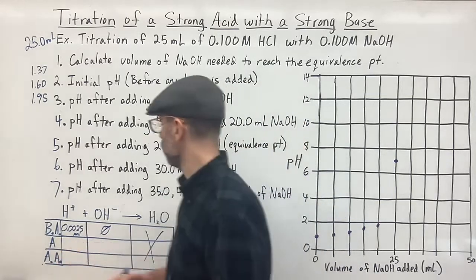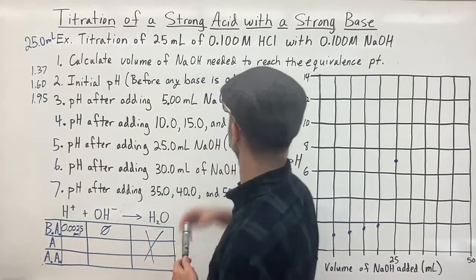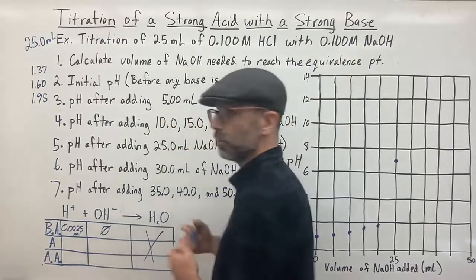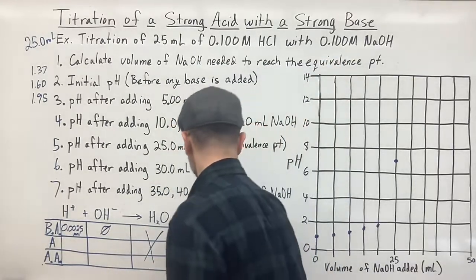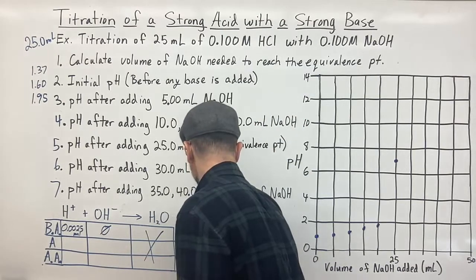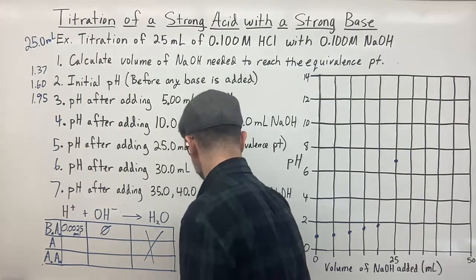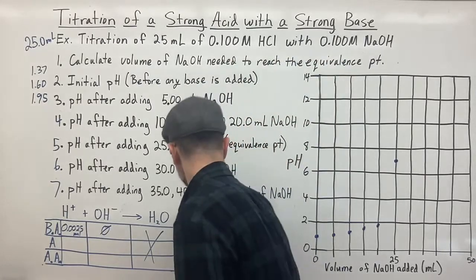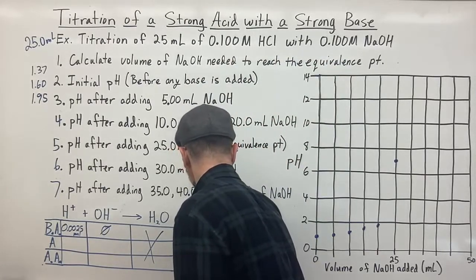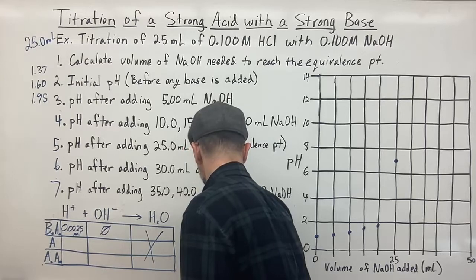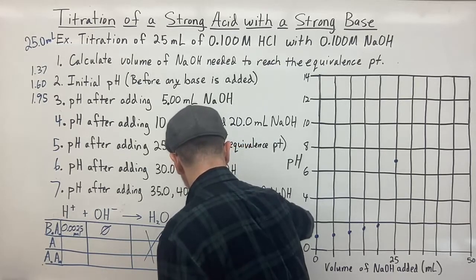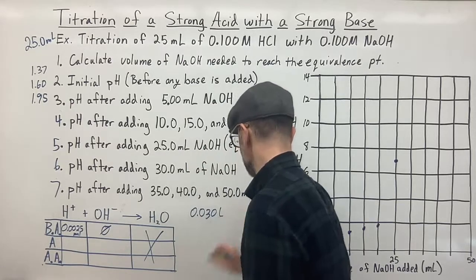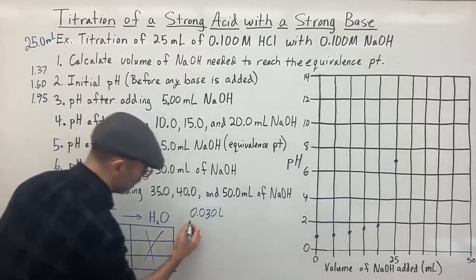At this point, we're adding 30 milliliters of our NaOH, so we calculate the number of moles again. 30 milliliters is the same as 0.030 liters of our NaOH solution.